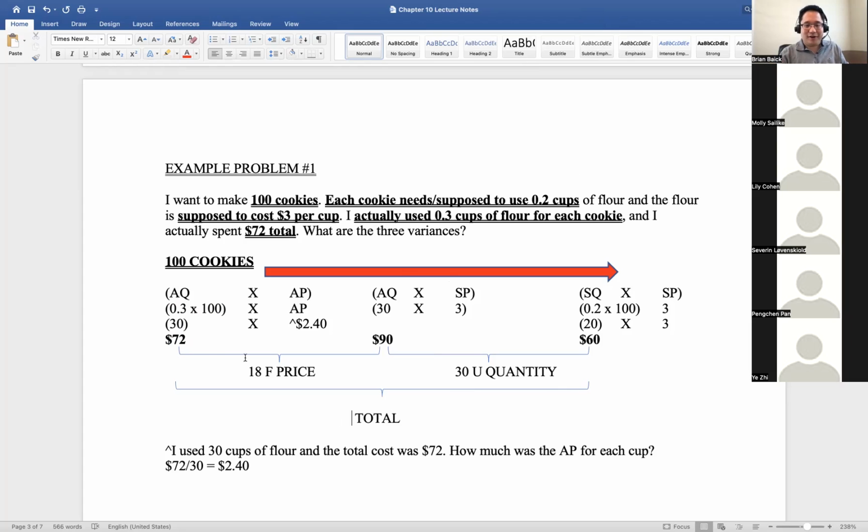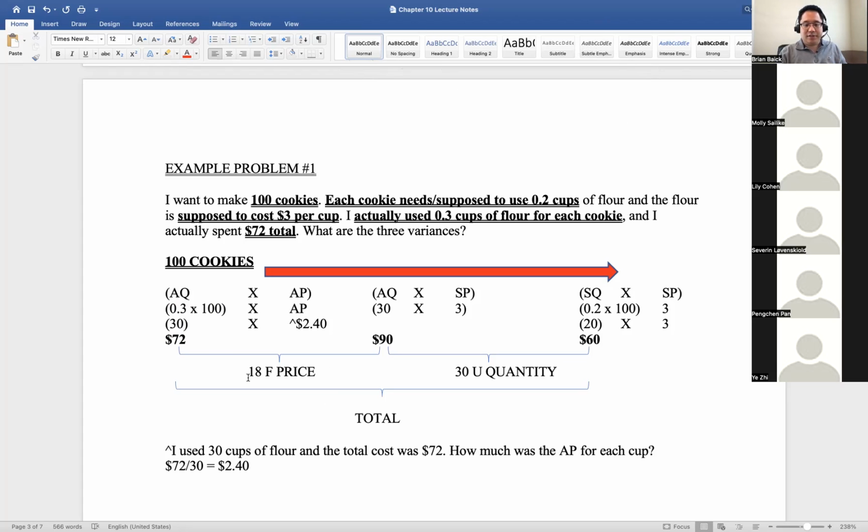Okay, what about the total variance? What is the total variance? If you know the answer, type it in the chat. 18U, okay? All right, so 18, no, it's not 18U. 12, 12U, okay?